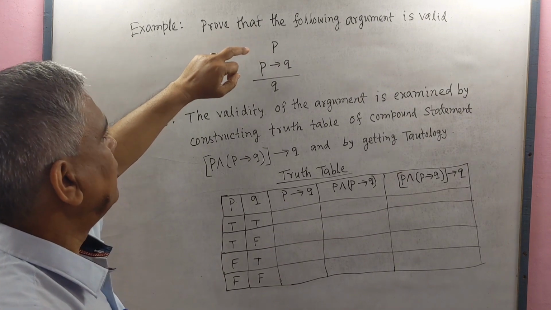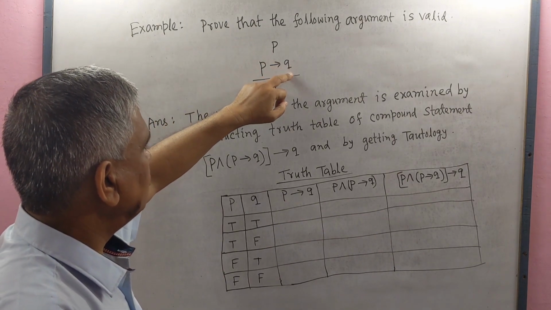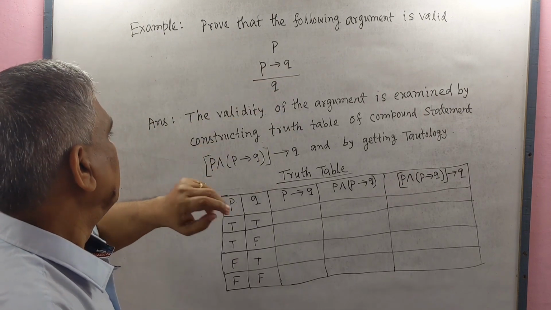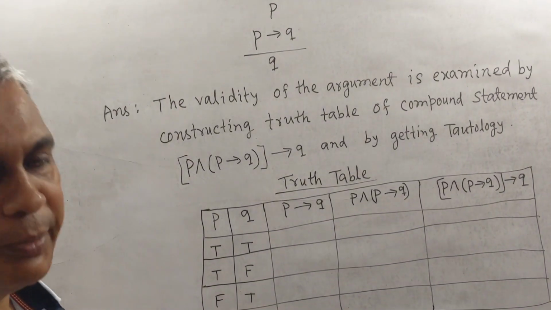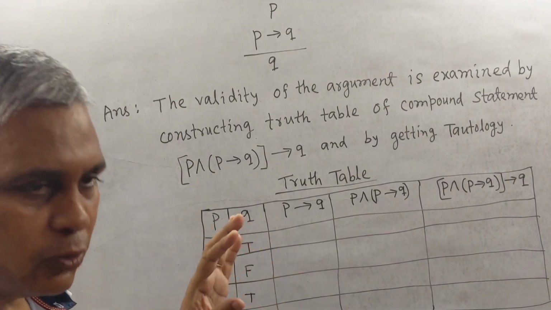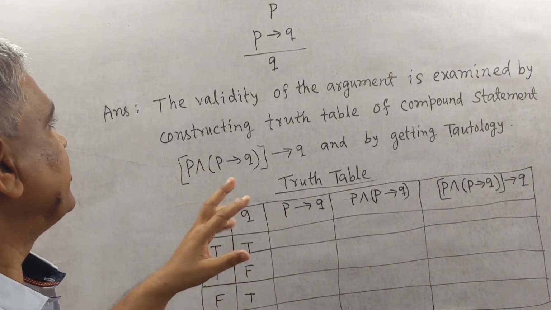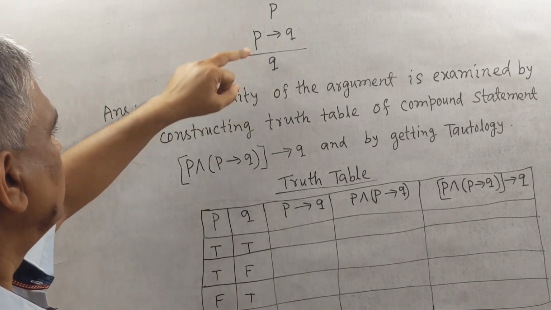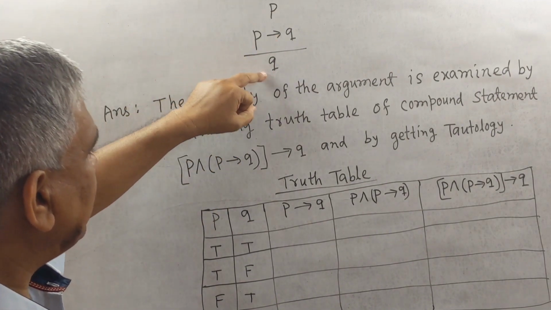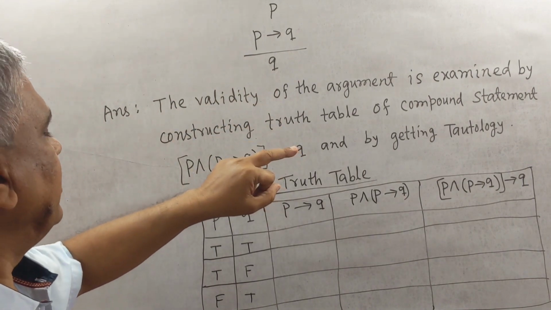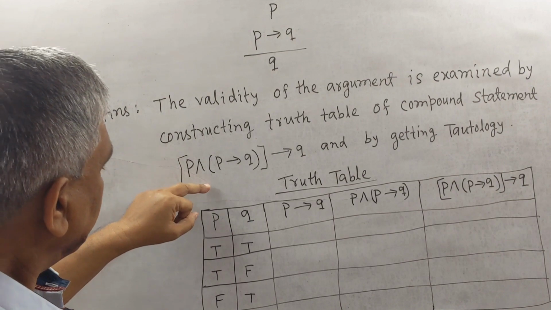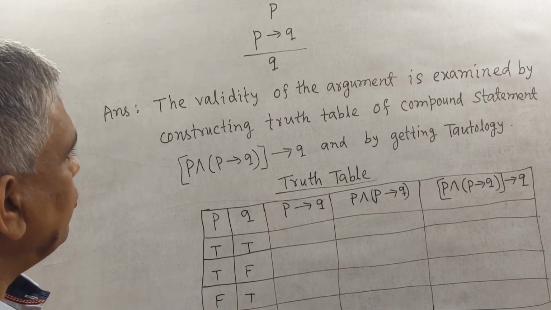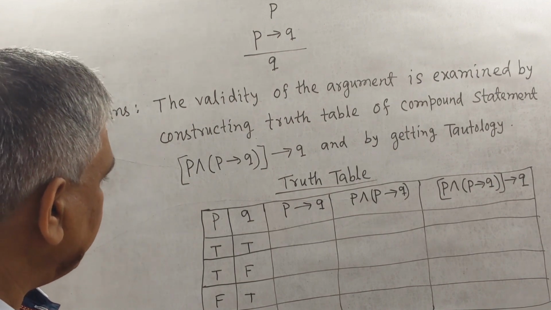Statement P, P implies Q, and then conclusion Q. The validity of the argument is examined by constructing the truth table of the compound statement P ∧ (P → Q) → Q, and if we get this as a tautology, then the argument will be a valid argument.